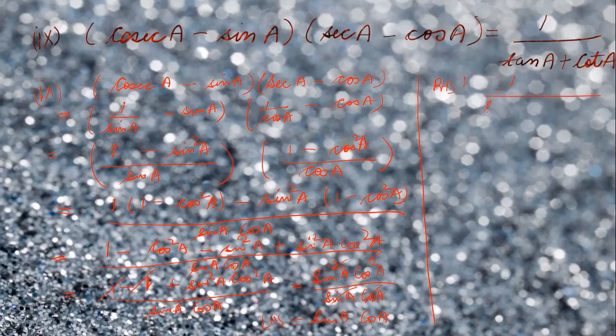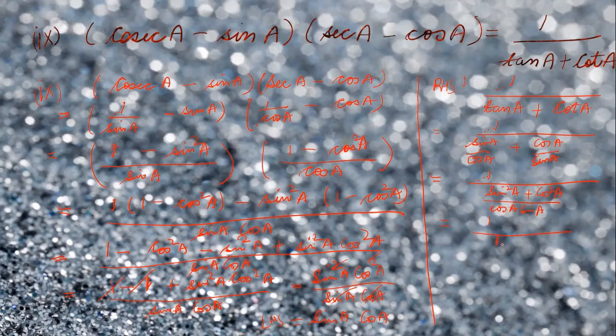1 upon tan a plus cot a, or you can write it as 1 upon sin a upon cos a plus cos a upon sin a. Take the LCM. It will be cos A sin A in the denominator, and sin square A plus cos square A on top. And by the first identity, sin square A plus cos square A is 1.